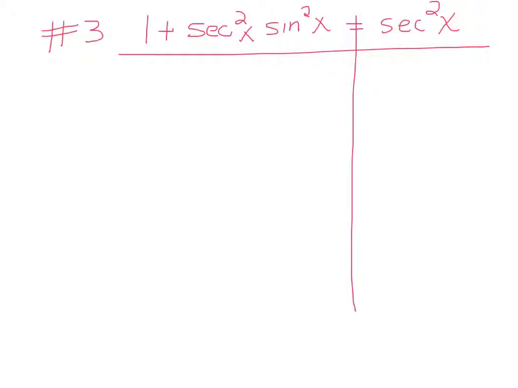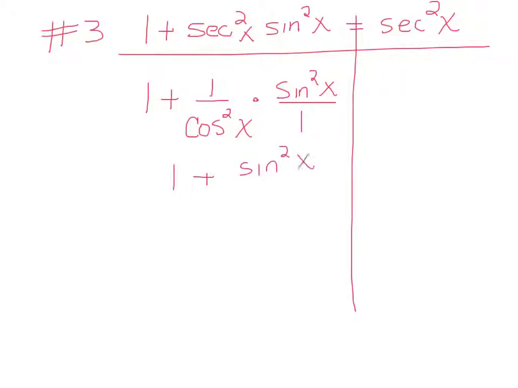The recommendation is that you put 1 plus 1 over cosine squared of x in this case, and then times sine squared of x. Okay, so far so good. Let's just put this over 1. Then you can put sine squared of x over cosine squared of x.